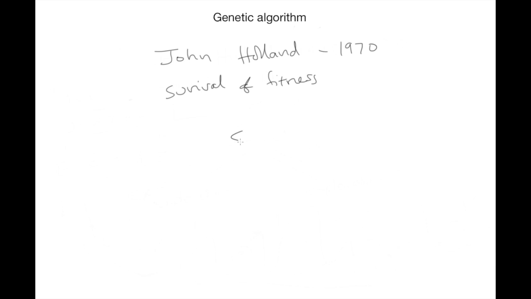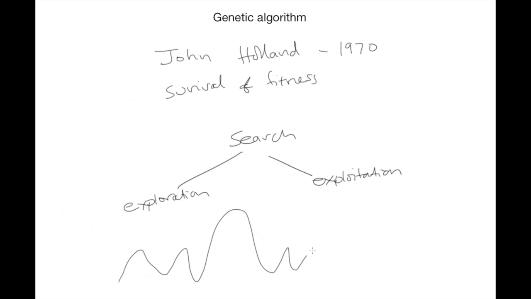When you consider search algorithms, there is a fundamental balance between exploration and exploitation. Say we have a landscape and we would like to find the highest peak in this landscape.